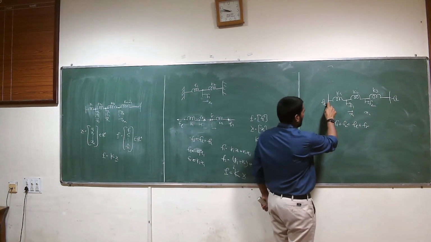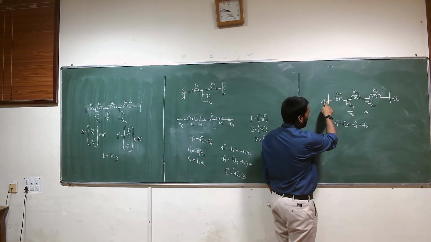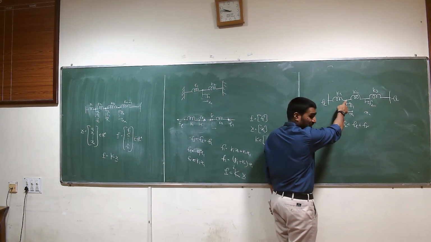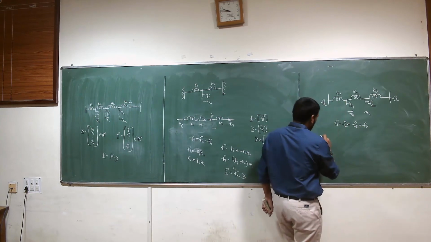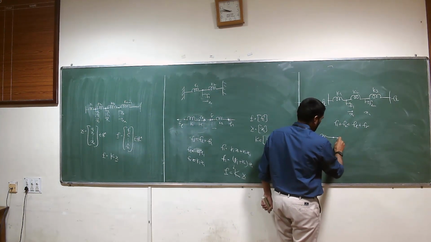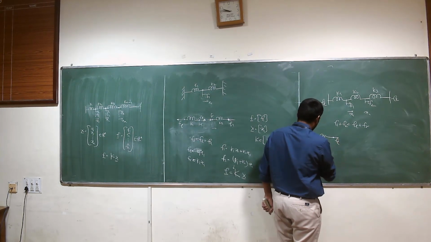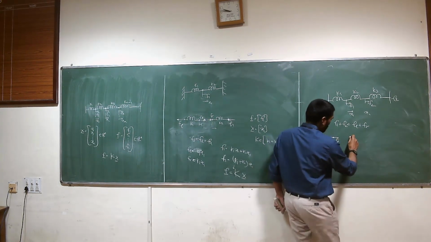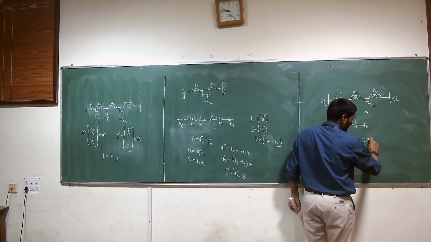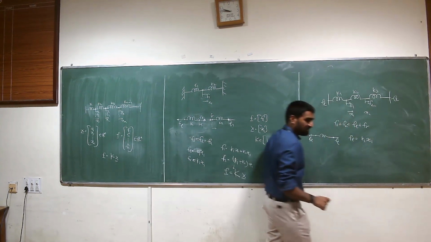If FL is the force acting at this end of the first spring, the force that must be acting here is FL as well. That means I know FL is simply K1 times x1.